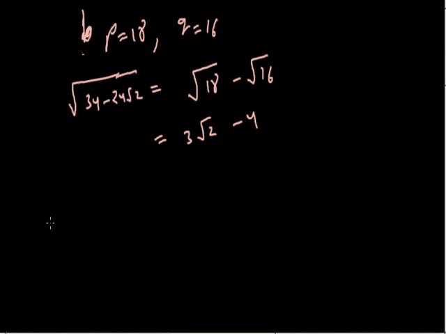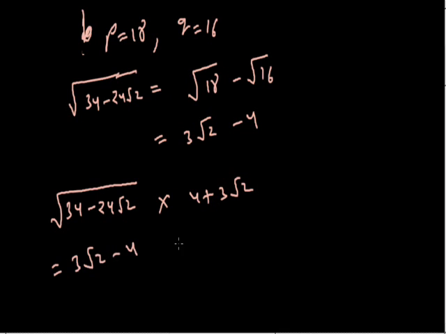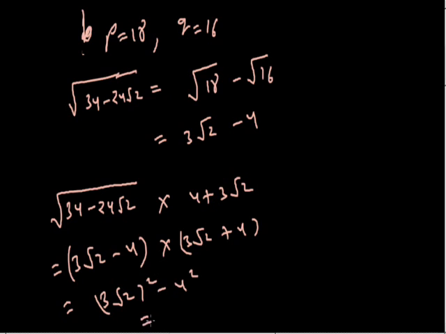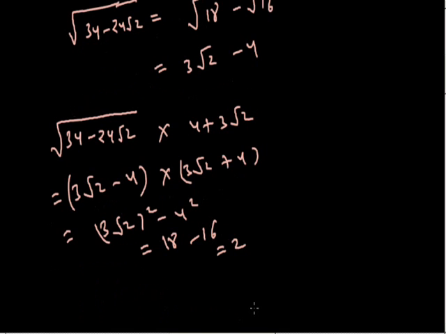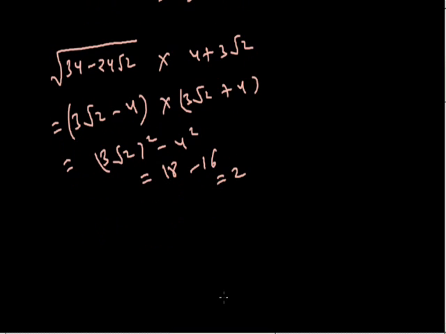Now the other expression: 34 minus 24 root 2, the whole root, can be written as 3 root 2 minus 4, into 3 root 2 plus 4. By applying a minus b into a plus b, that is a square minus b square, we get 3 root 2 square minus 4 square, which comes to be 18 minus 16, which is 2. So option 2 is correct.